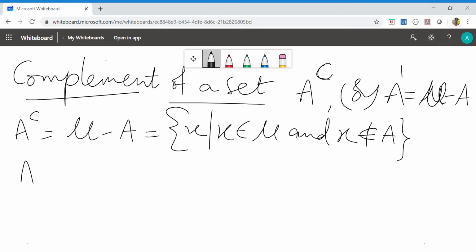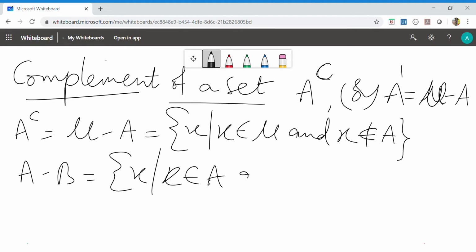Just like A minus B, which we also discussed. A minus B is {x such that x belongs to A and x does not belong to B}. Okay, so the Venn diagram for A complement can be drawn like this.